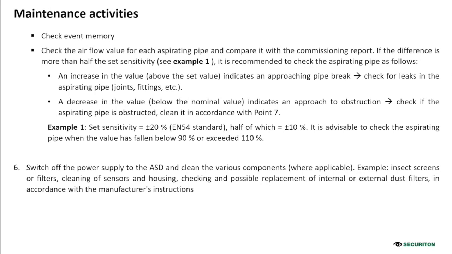The next question is, are all ASD systems configured in the same way? No, the configuration of the ASD system depends on the length of the pipe, the number of holes and the detection class. So you need to check the flowmeter calculation.